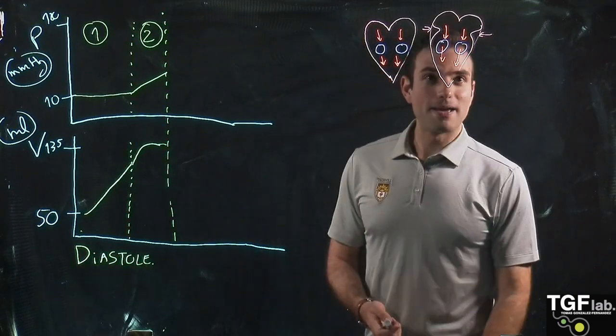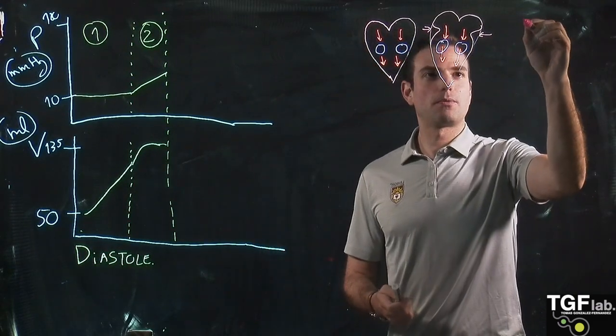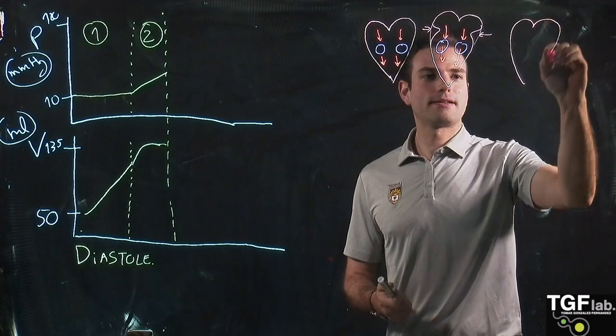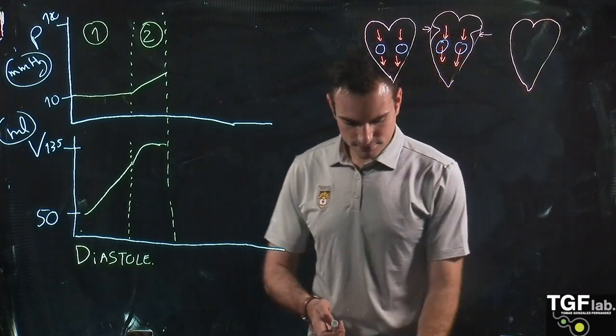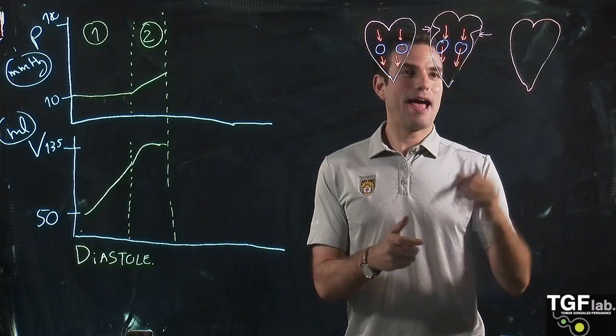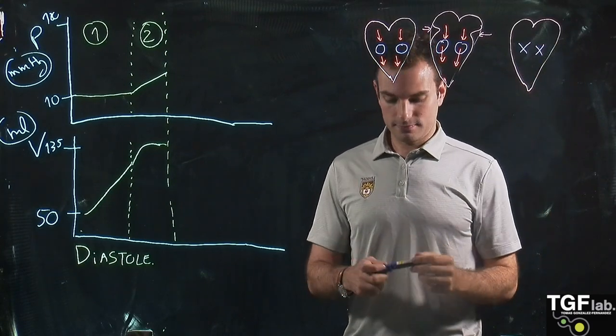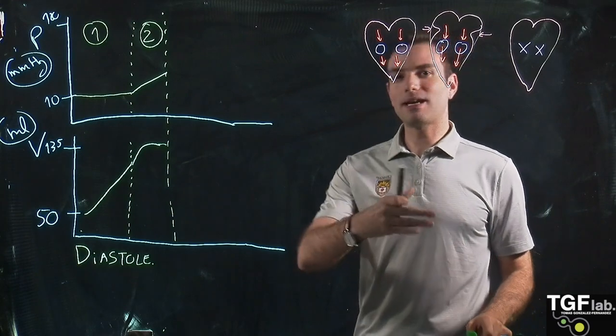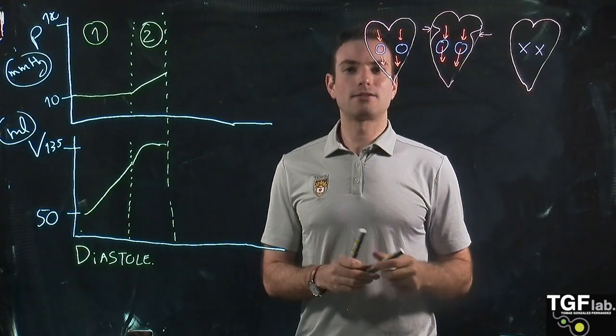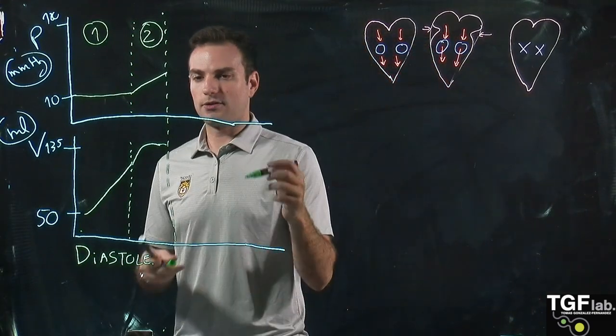So what is going to happen next? So we go back to our heart schematic. The valves that communicate the auricle and the ventricle are going to close down. So there is not going to be any more flow of blood into the ventricle from the auricle.